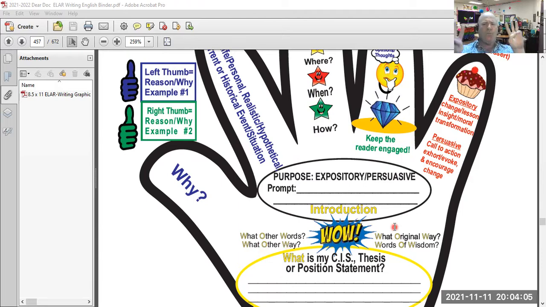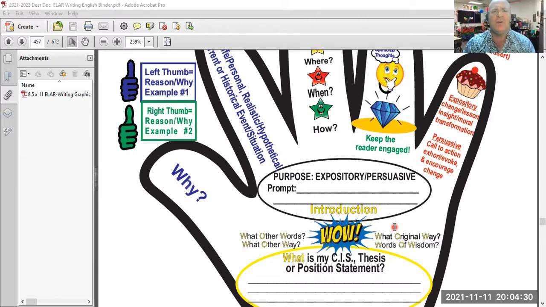Another wow. What original way can I start? Because there's a million ways that you can start an essay. As long as you're addressing the topic, you don't have to start by asking a question about the topic. That's a worn out idea, and too many students do that. And so you're going to think to yourself, what original way could I start?